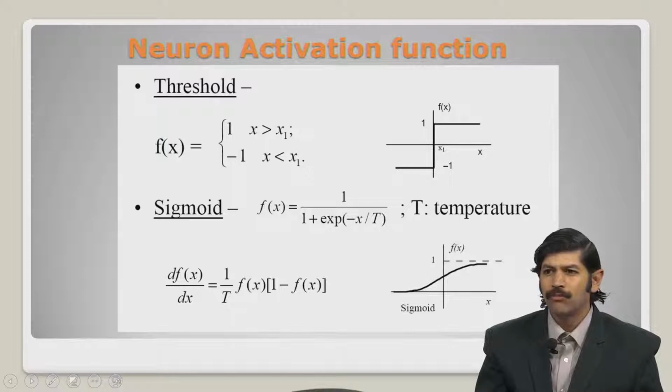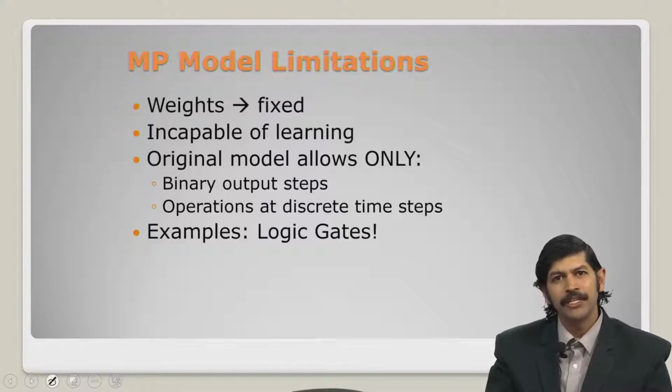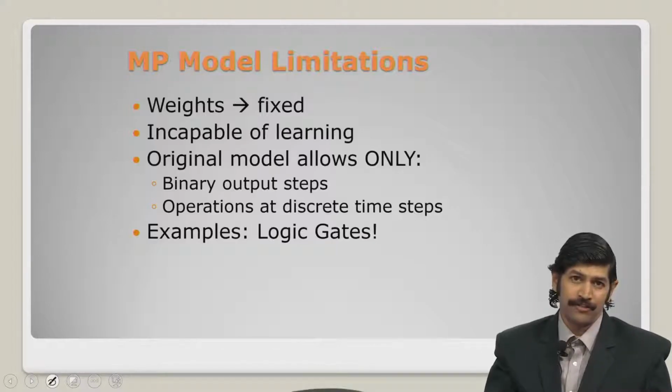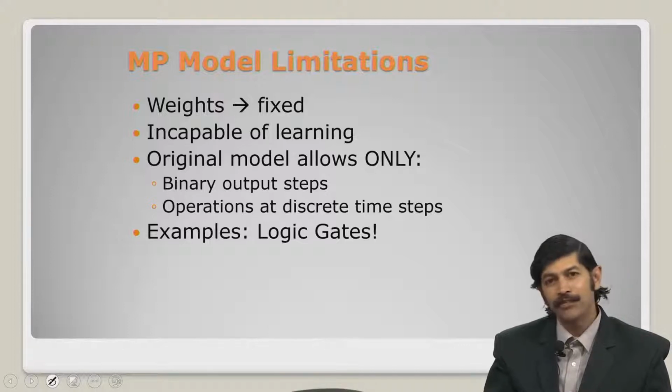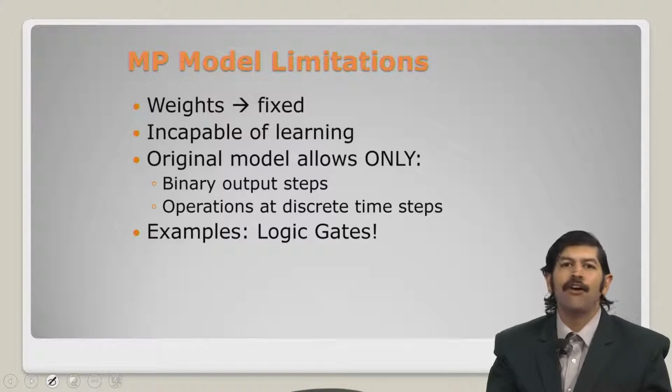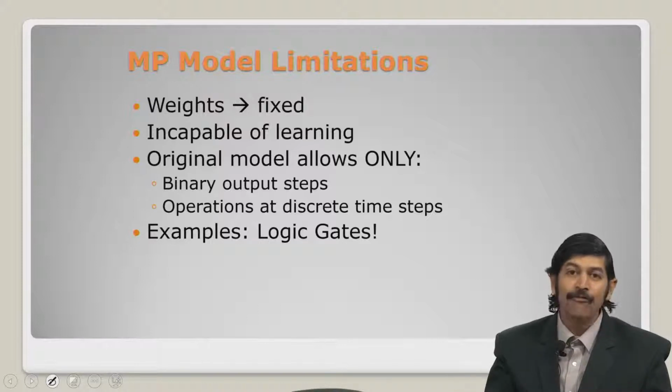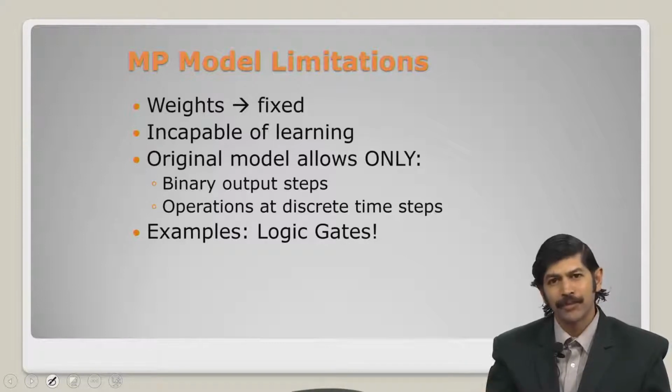And that's where the major limitation of the McCulloch-Pitts model that we have seen is that the weights are fixed, the weights cannot change, and we have to study a learning mechanism to be able to change the weights, and that's why the McCulloch-Pitts model is considered incapable of learning.